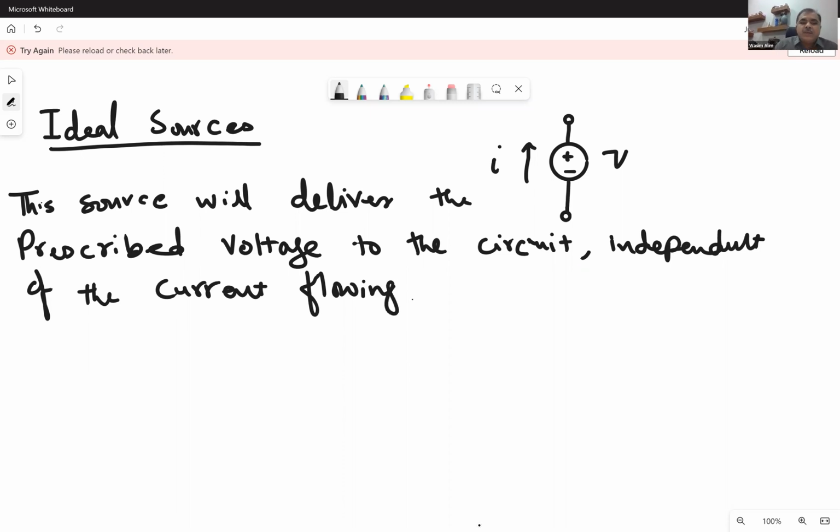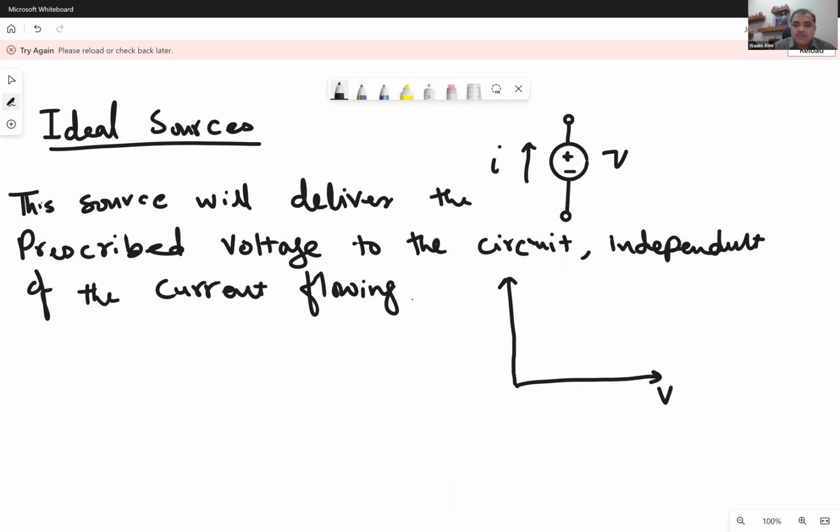Okay, so it does not describe the current. Basically the current will come into picture when we bring in the load. So typically your IV characteristics for the voltage source is described as such.